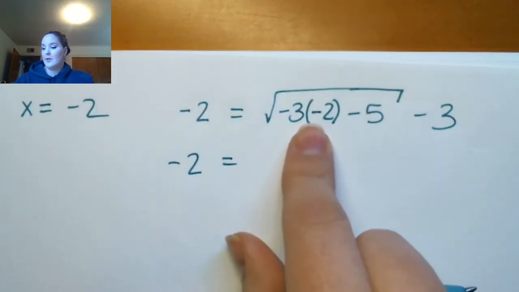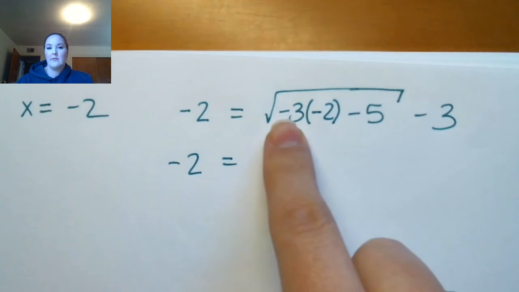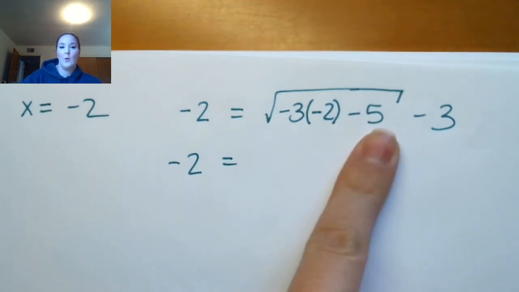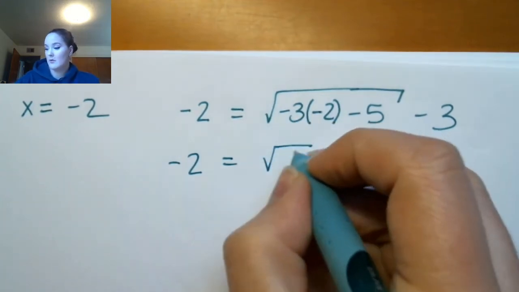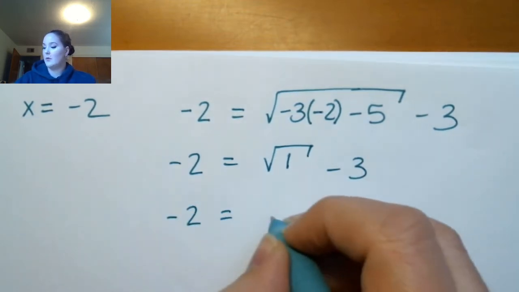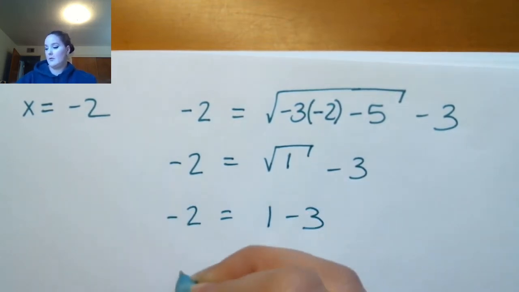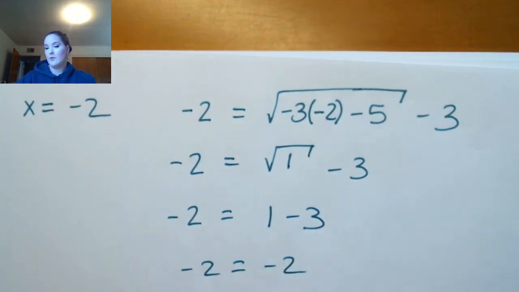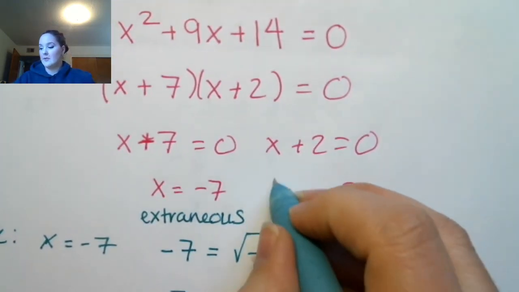So -3 times -2 is 6. 6 minus 5 is 1. Okay, so I get -2 equals 1 minus 3. -2 equals -2. That's true. So that means this is a solution.